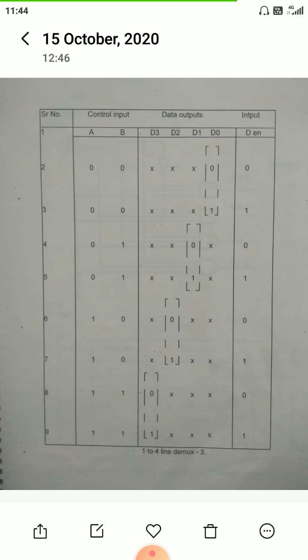So the expression will be D1 equals A bar dot B dot D enable. So we need another AND gate. A 3 input AND gate is required because 3 variables are there at the input, 2 for control input and 1 for data.